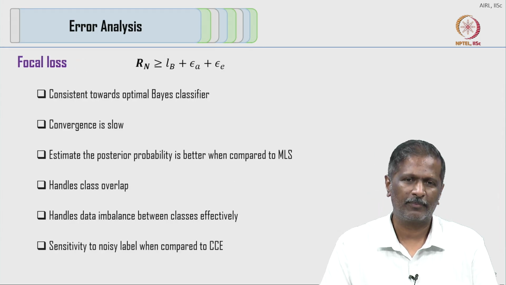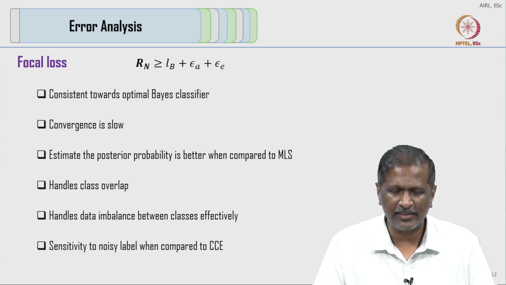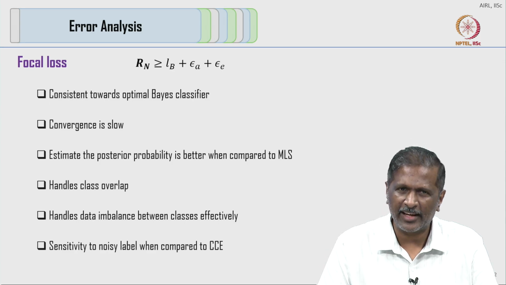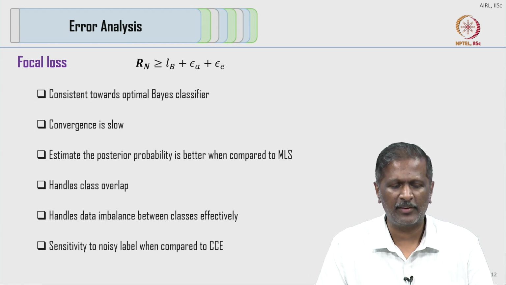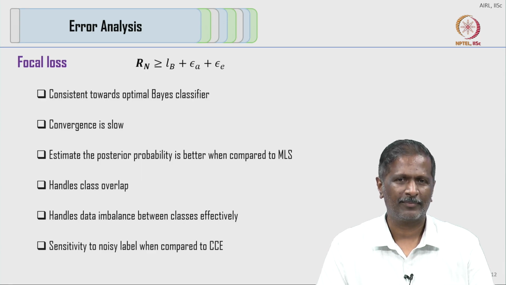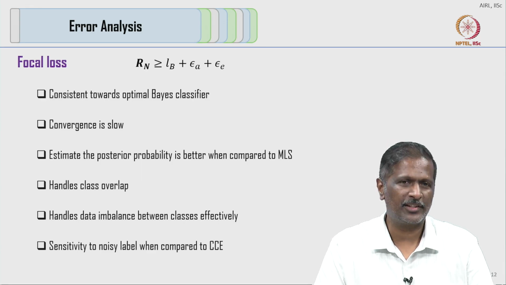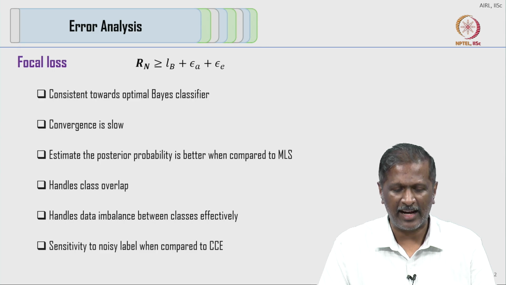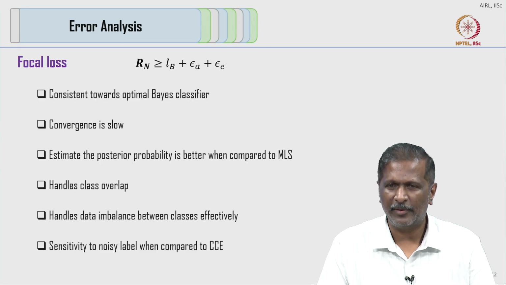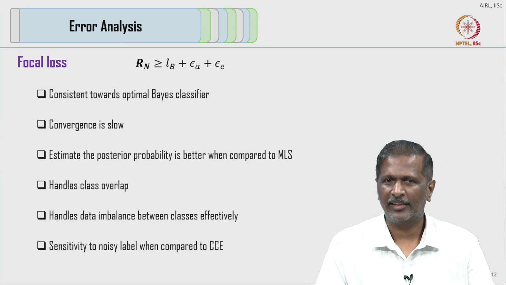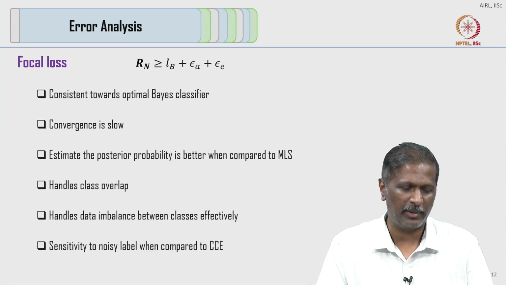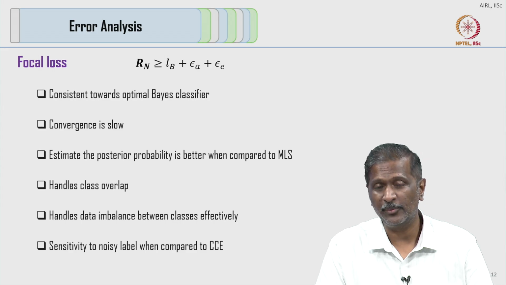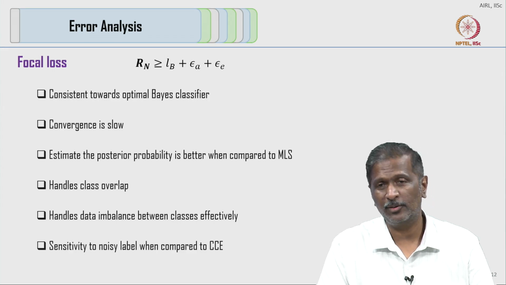Focal loss. It will also be consistent, but convergence again is slow. It estimates the posterior better than modified least square. It handles overlap better when compared to cross entropy. It handles data imbalance between classes effectively. The advantage of focal loss is that overlap and sample imbalance can be handled better, but it is very sensitive to noisy labels when compared to cross entropy.